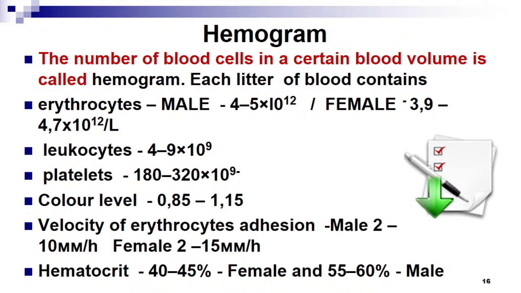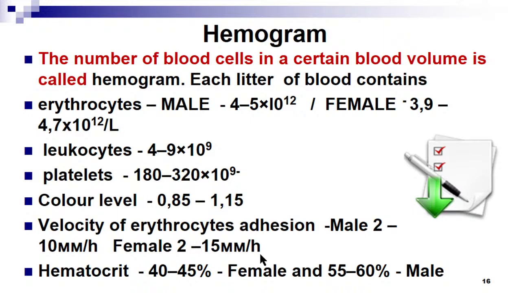Except the cell level, the volume of cells, we have some other diagnostic features, like the color index. The color index identifies the quantity of hemoglobin, from 0.85 to 1.15. The velocity of erythrocyte adhesion for male is middle, like 10 millimeters per hour, but for female from 2 to 15 millimeters per hour.